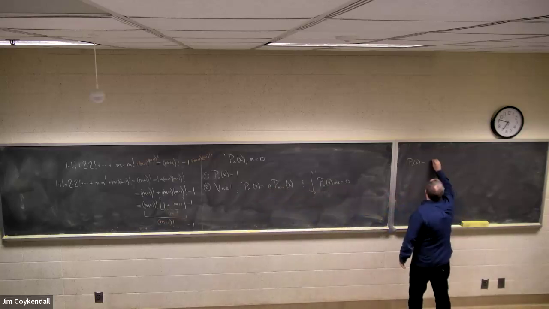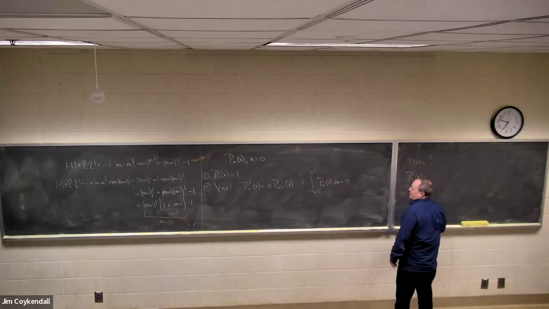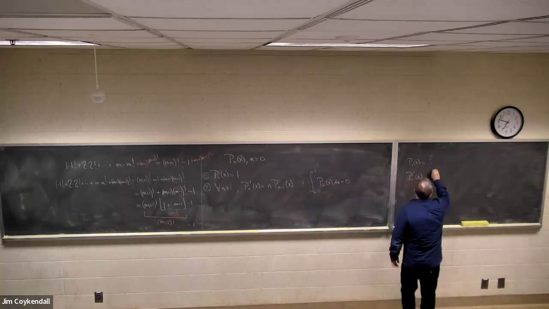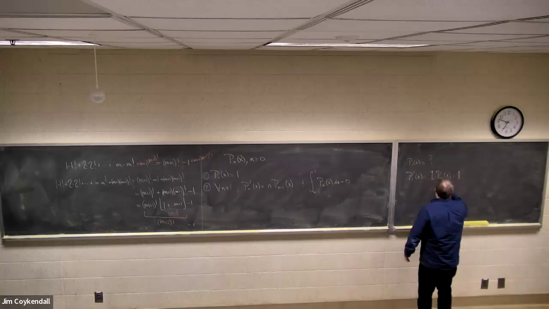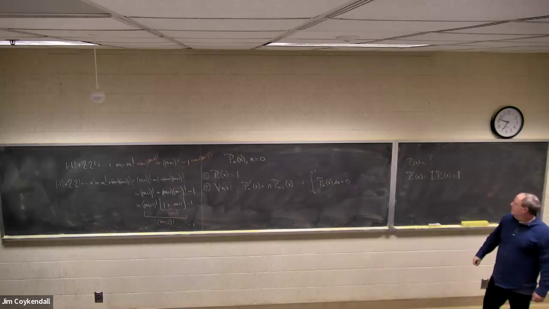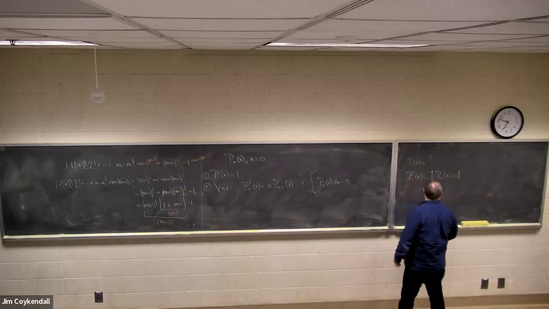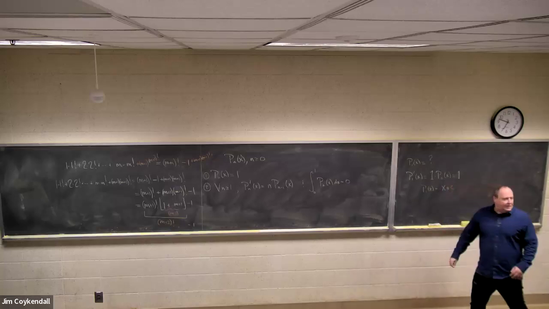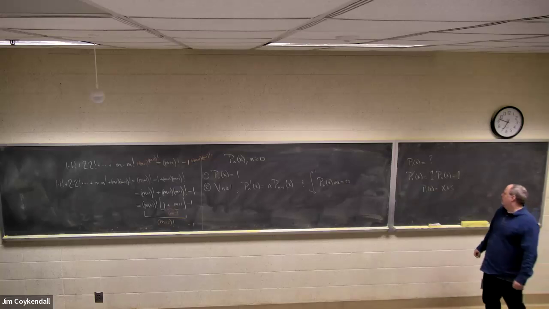I know that P1 prime of X is equal to 1, since P0 of X is 1, right? So what is P1 of X? X plus C. I don't know what the C is, but that integral condition is going to tell me.